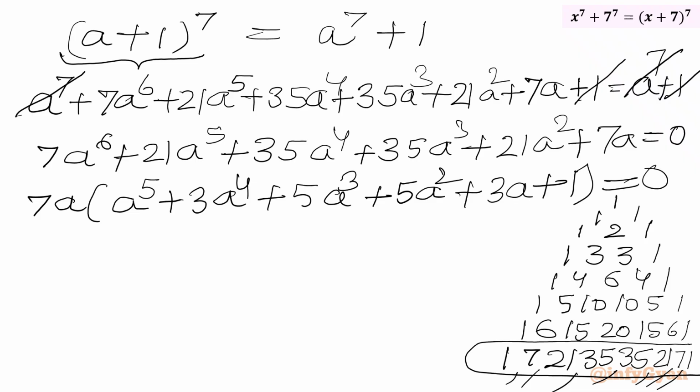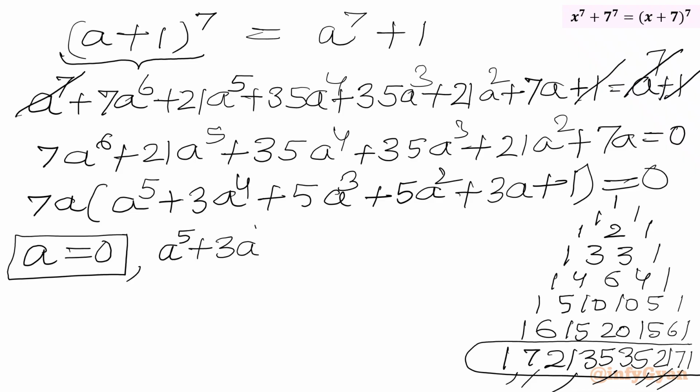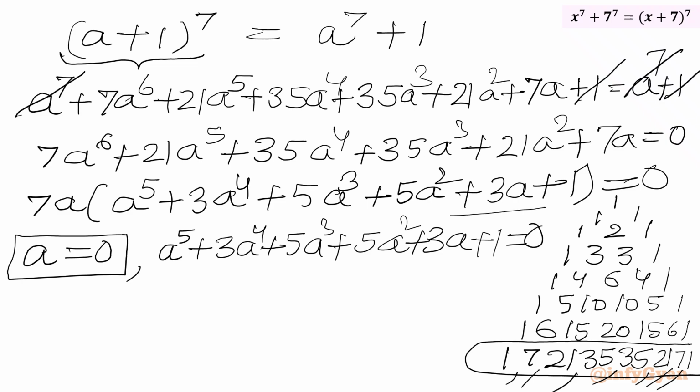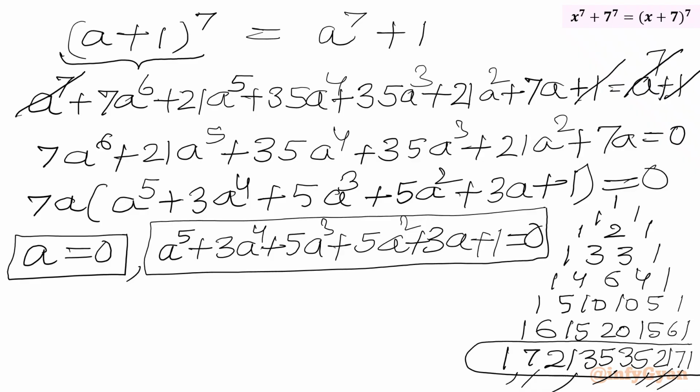Now we can use the zero product rule and write either a equal to 0 or this quintic expression a^5 + 3a^4 + 5a^3 + 5a^2 + 3a + 1 equal to 0. So we have to solve both the equations.